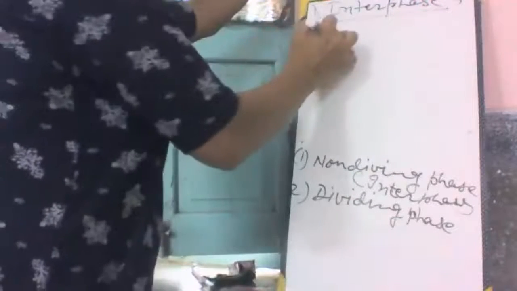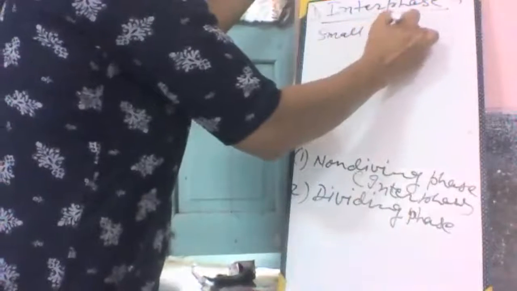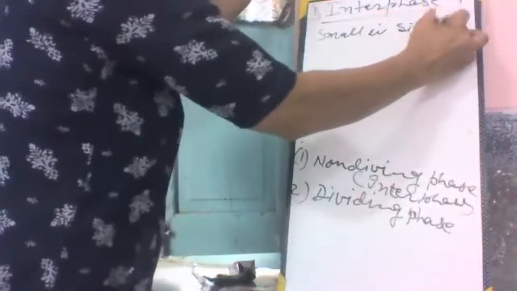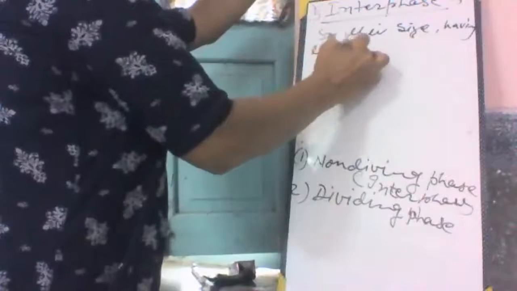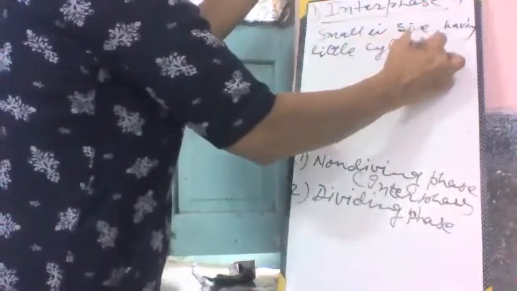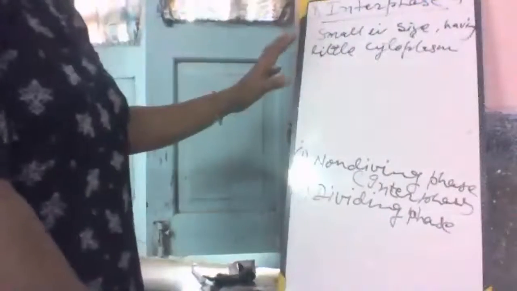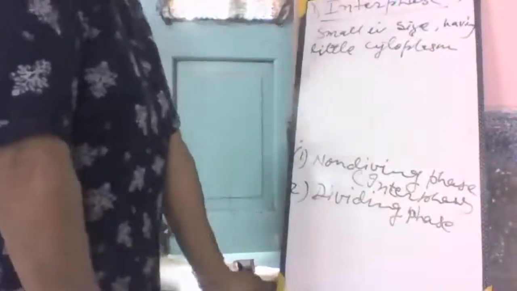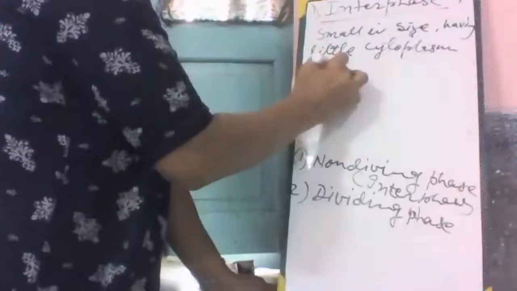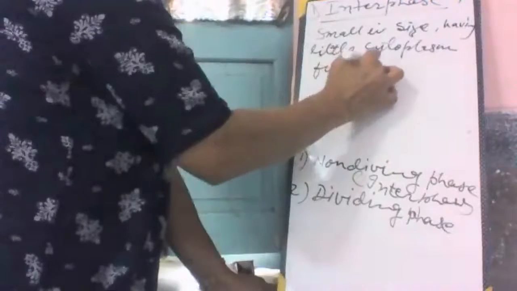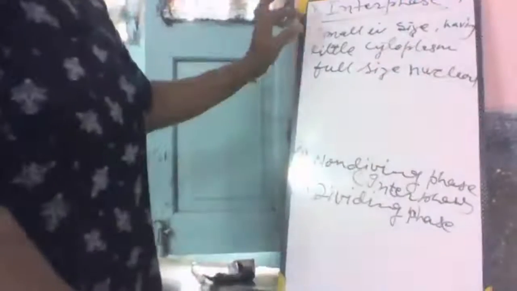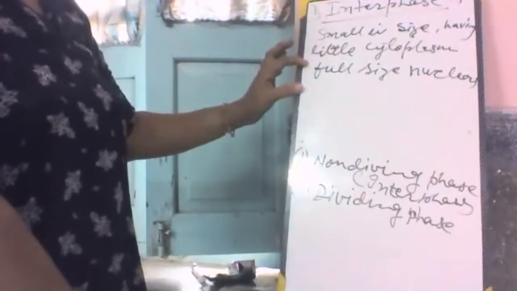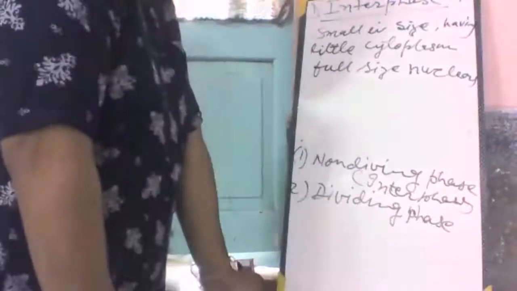The size of the cell is small, but the size of the nucleus is full, and the cytoplasm is very little.